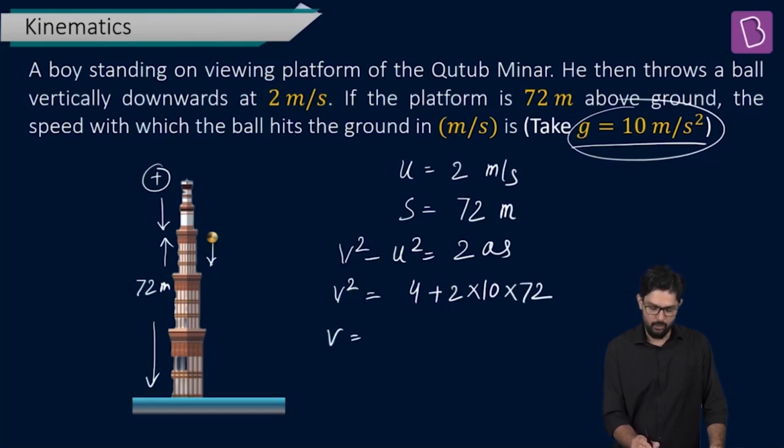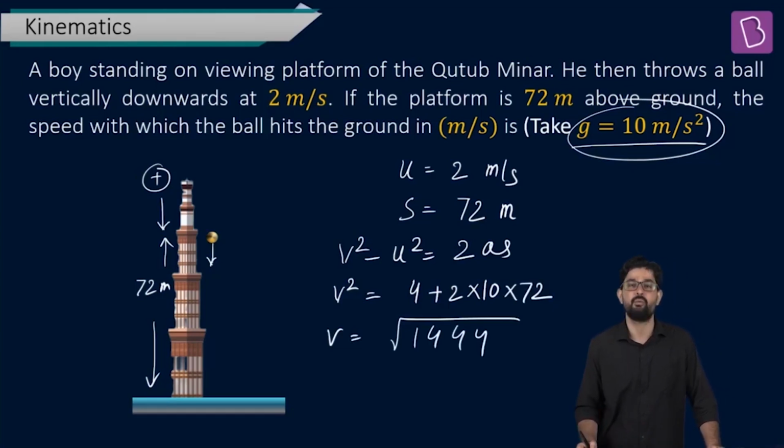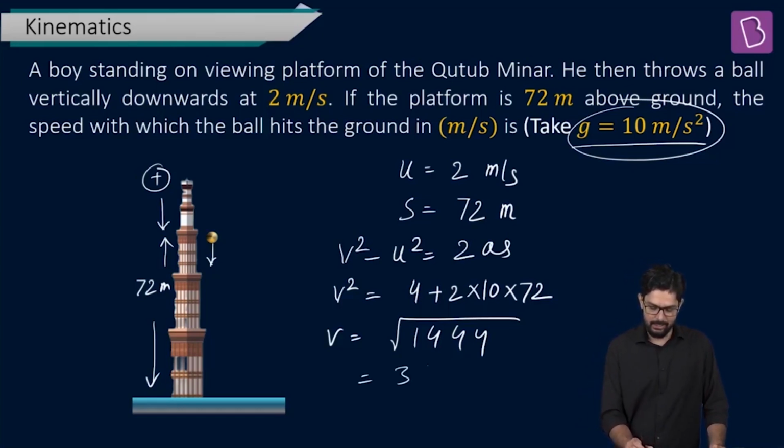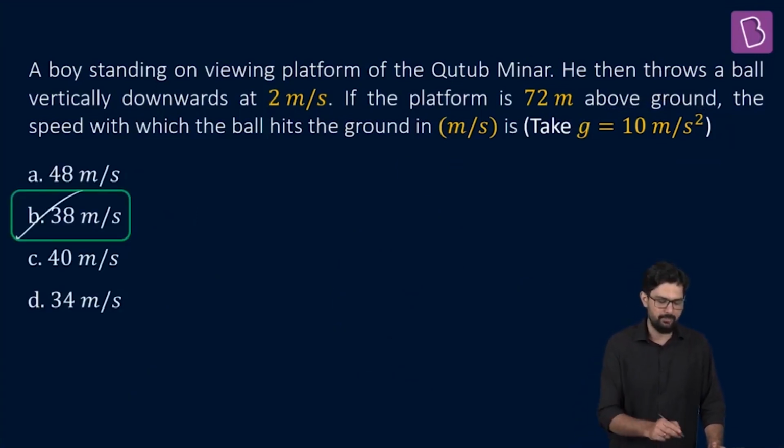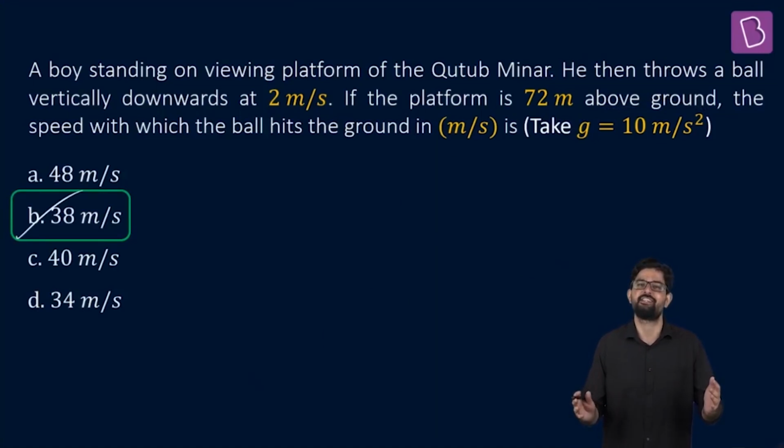And then you have to take the root of this, which is going to be 1444. And what is the square root of this number? Well, you can find out. I remember this. This is, I think, 38. So the final speed with which the ball is going to hit the ground is going to be 38 meter per second. And option B will be the right answer.